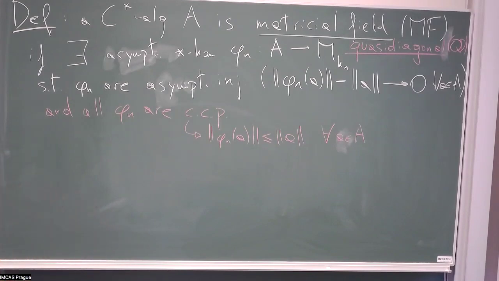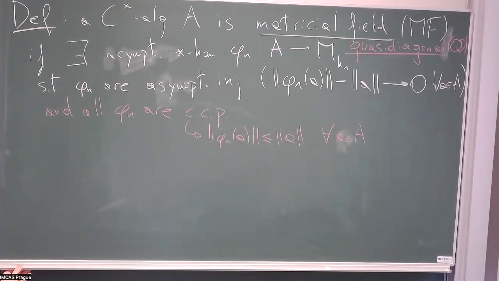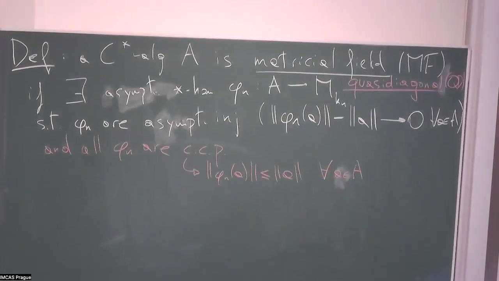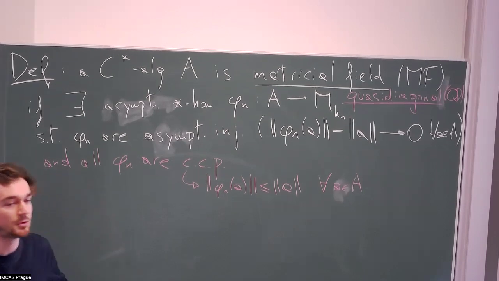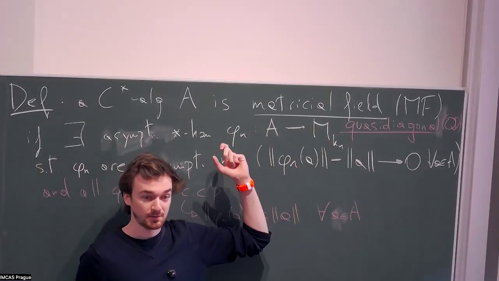Any other questions? If you get rid of asymptotically multiplicative instead, does that give you something else? Like another nuclear or something? So if you get rid of asymptotically multiplicative, then, and maybe also star preserving, but I'm not sure, because nuclear also, then you also want maps going back into A. Right.